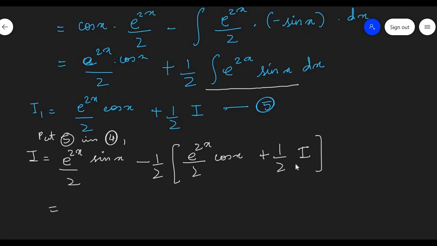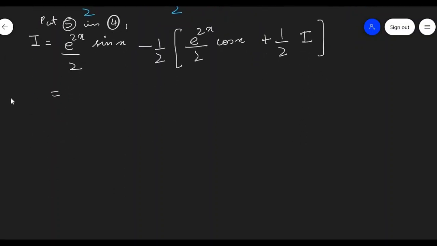Now I can take this I to the left hand side and simplify. So I am going to get I as e raised to 2x upon 2 sin x minus 1 by 2 e raised to 2x.